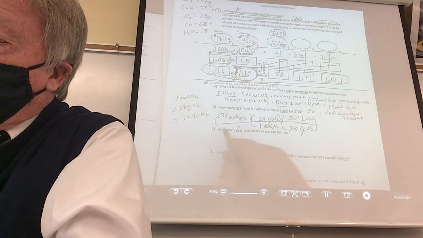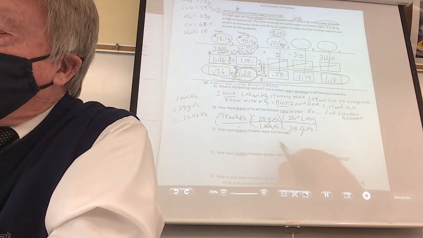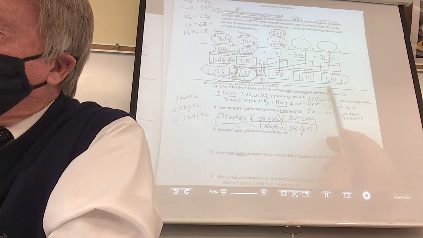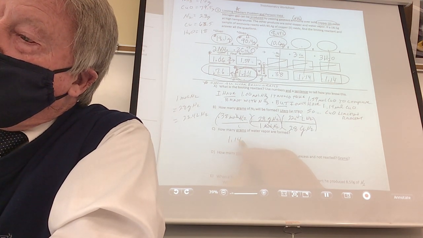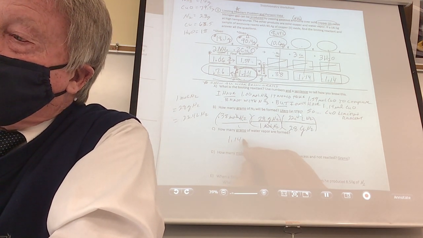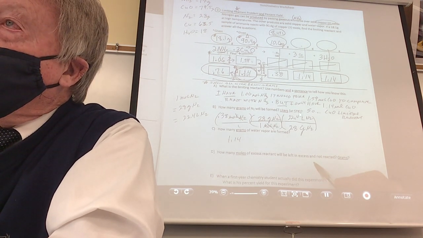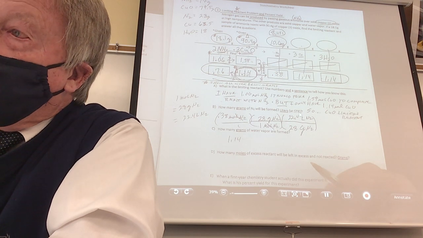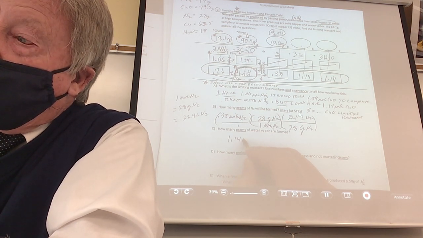And then the water, let's do the water. Let's have Zach help me with that one. What am I going to write down, Zach? I'll let you go ahead. If you want grams of water, I'll let you go ahead and start with that number right there. What am I starting with? What's my label?